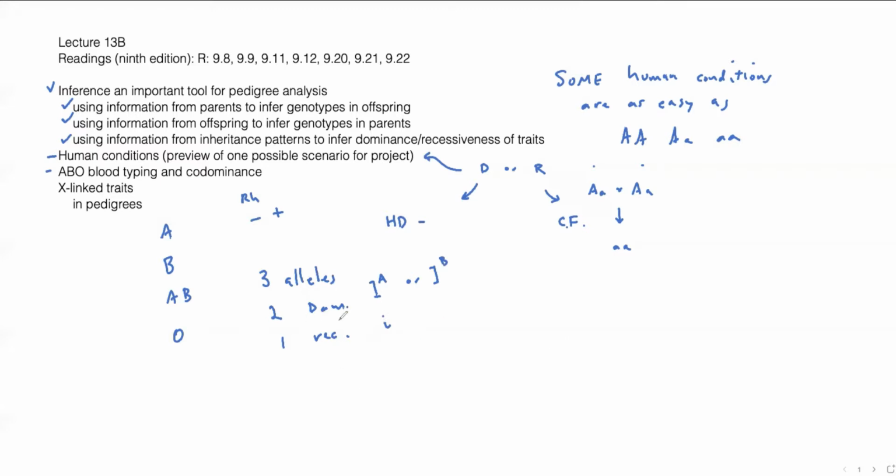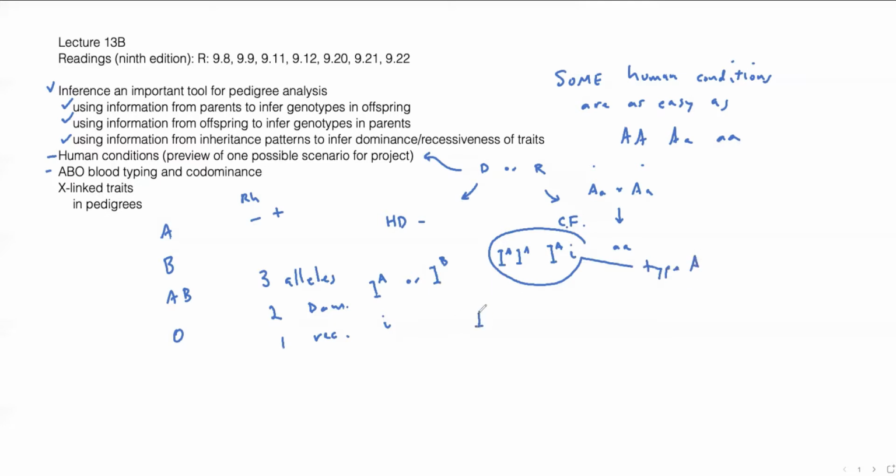If you think of all the possible combinations you could have for these 3 alleles, you could be I^A I^A, or I^A i. These are both type A blood.